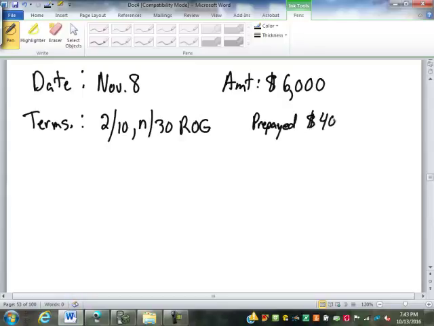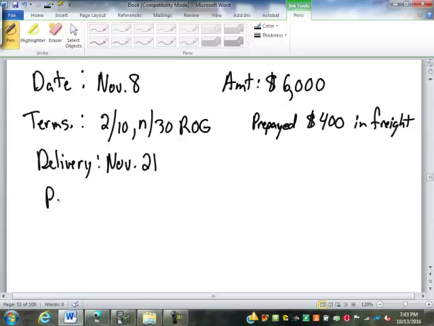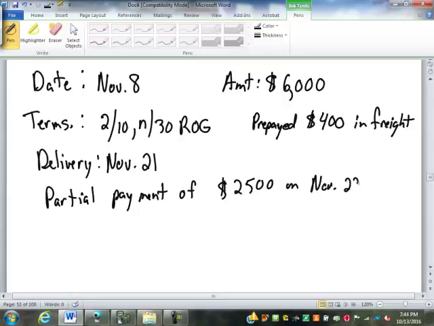Prepaid $400 in freight. Delivery confirmation is November 21st. Partial payment of $2,500 is made on November 28th. Find the balance.